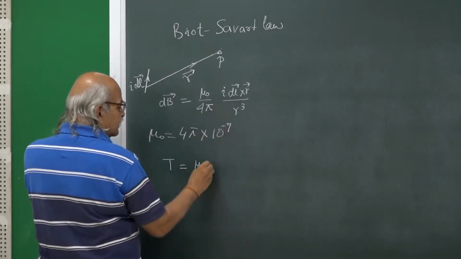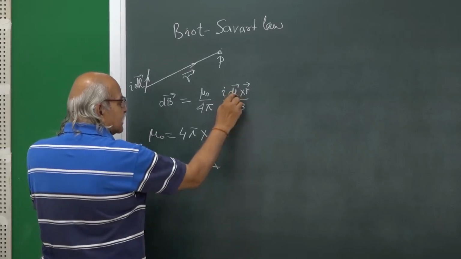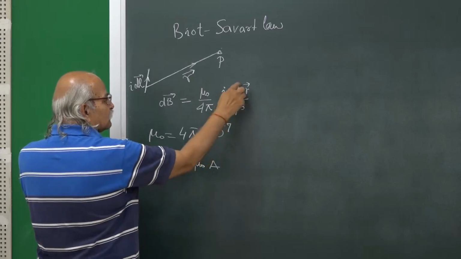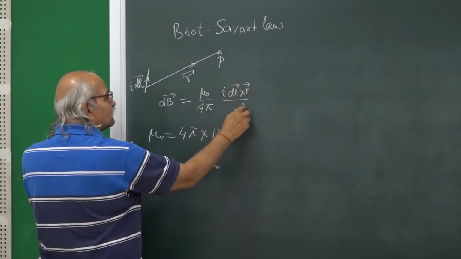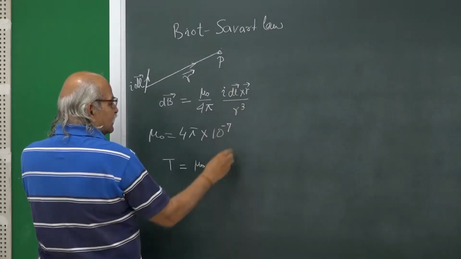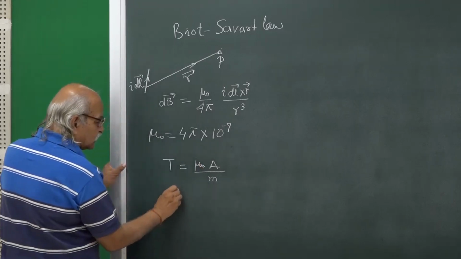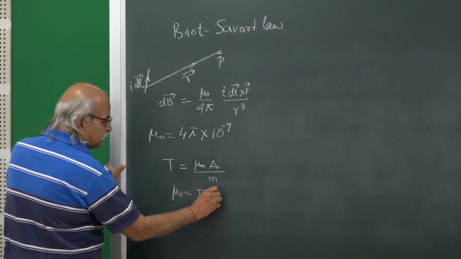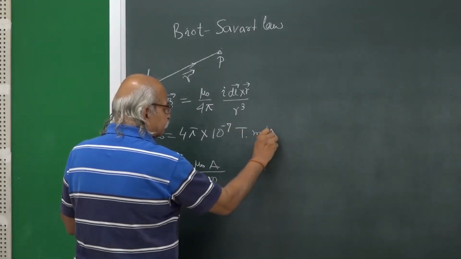Then I is the current which will be in ampere, and then length, length and length cube. So, it is 1 by length, dl is a length, r is a length, r cube is cube of the length. So, it is 1 by length. So, this mu naught, the unit will be Tesla meter per ampere.